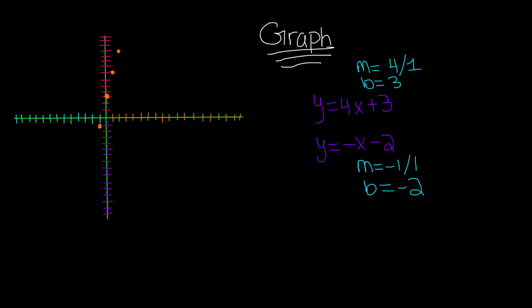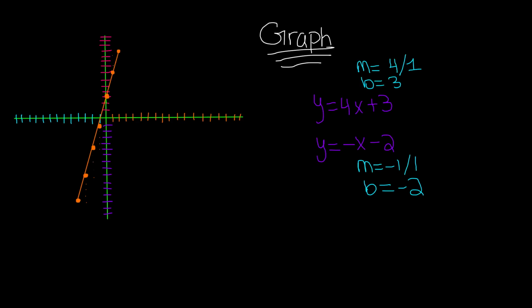And I think we can do it one more time. 1, 2, 3, and then 4 over 1. So this is the line for the first equation, which is y is equal to 4x plus 3. This isn't perfect, but this is where the points really should be.